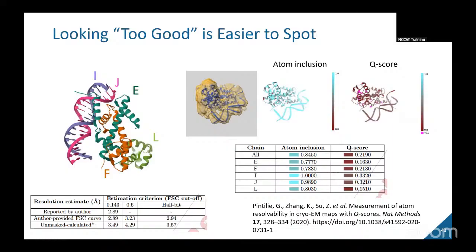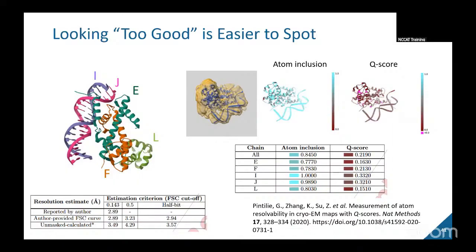Before Q-scores, we were assessing fit to map using atom inclusion. That's a very simple measure. It's basically looking at whether an atom is inside density at the contour level recommended by the depositor. It can be useful, especially for lower resolution structures, but it often makes models appear better supported than they really are. This is a case here.